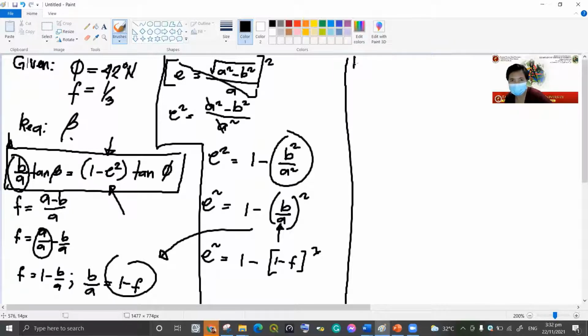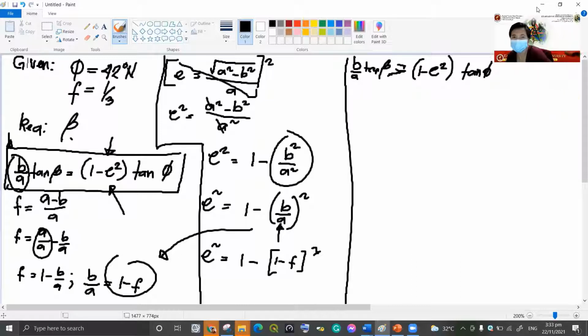So let's rewrite this. The b over a tangent of the reduced is equal to square root of 1 minus e squared tangent of phi, right?